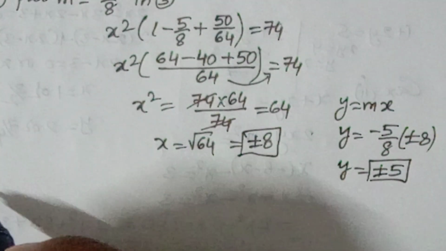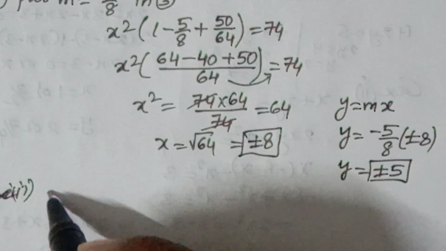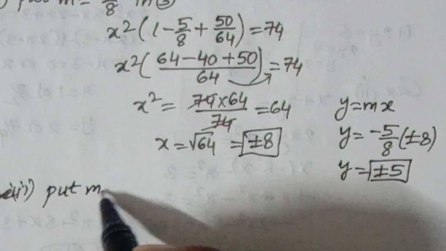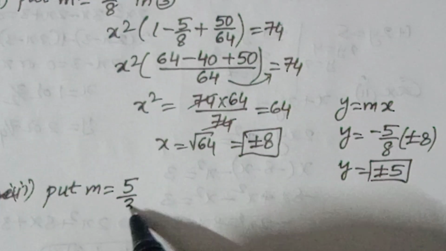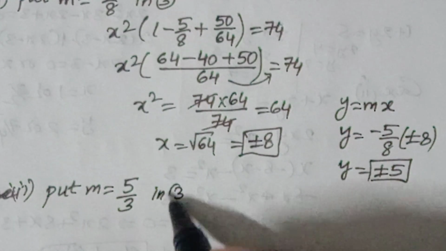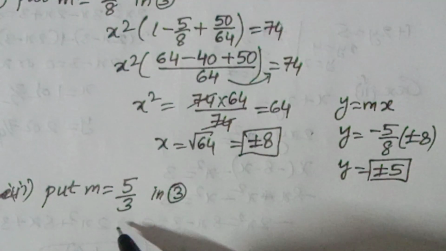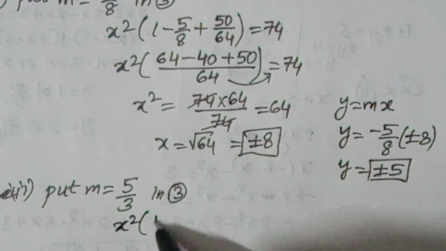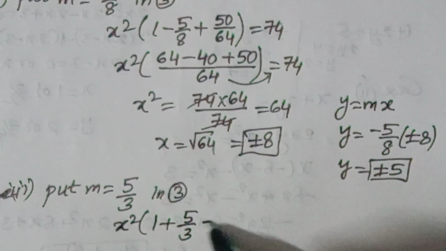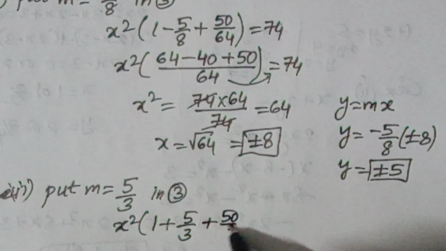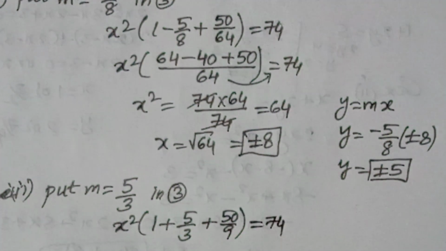Now if you take case 2, put m is equal to 5 by 3 in 3. So here x square bracket 1 plus 5 by 3 plus 50 by 9 is equal to 74.